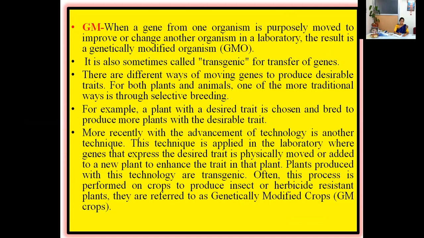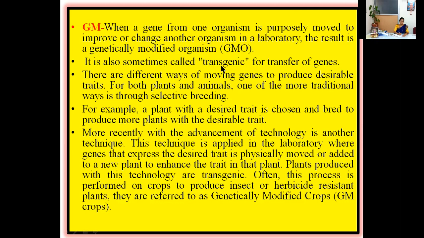In short, you should understand the full form of GM or GMO. When a gene from one organism is purposely moved to improve or change another organism in a laboratory, the result is a genetically modified organism. GM means genetically modified, whereas GMO means genetically modified organism.